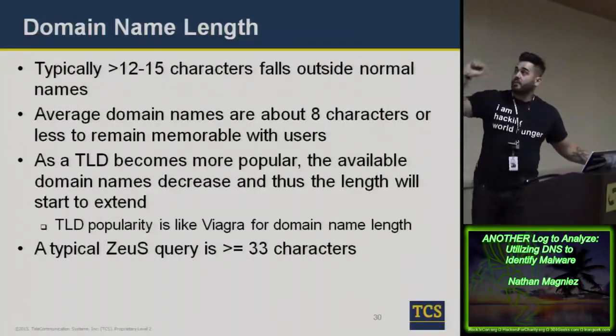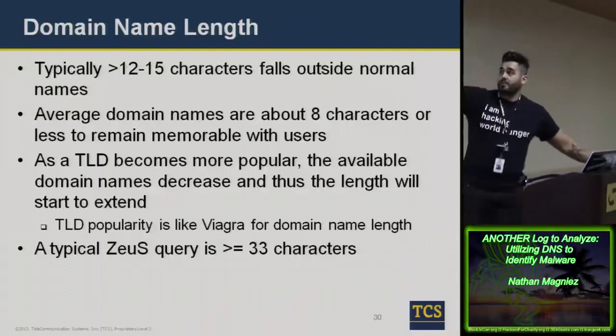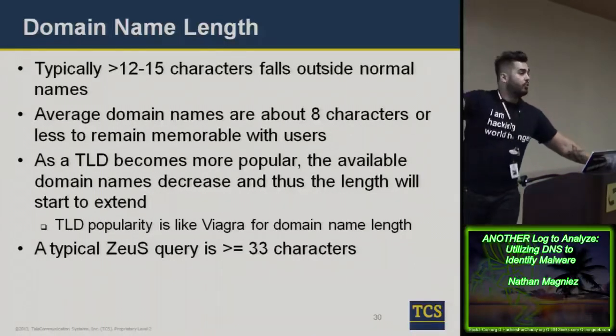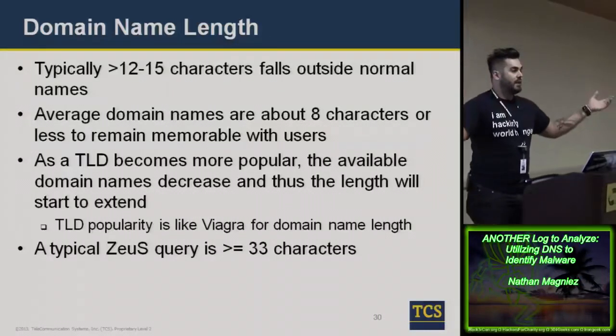Typically, second-level domains of 12 to 15 characters or greater are going to fall outside of normal, because google.com is easier to remember than an IP address. Something that's super long is not going to be a very convenient name for a user to remember.